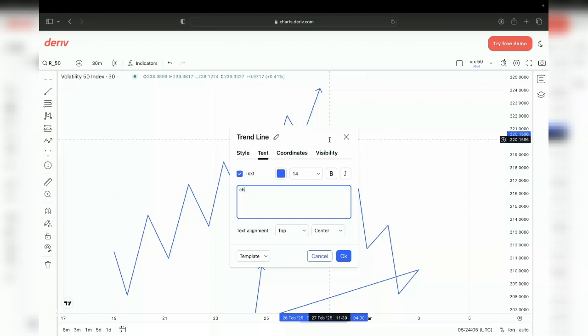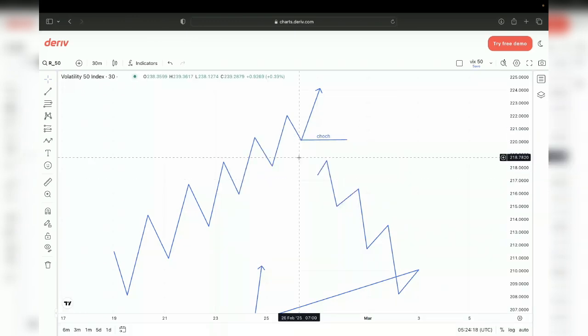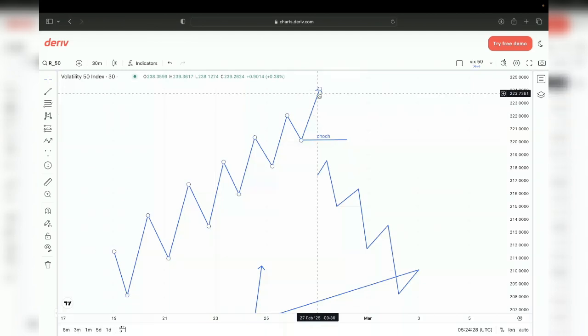Good and fine, but that is for basic market structure. Over here, we have moved over to the advanced, and this first one is not considered as a CHoCH yet. From basic market structure, the first low taken out is considered as a change of character.